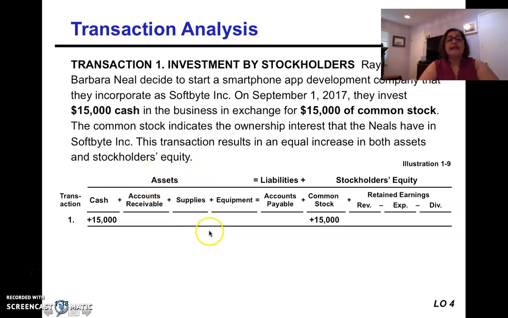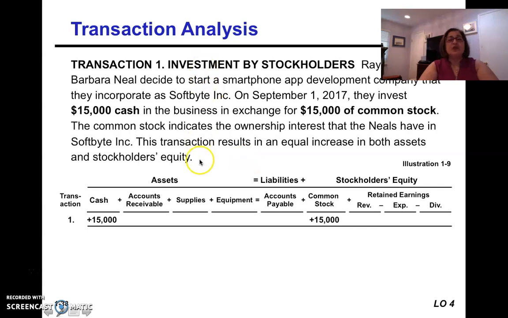And those items do not have to be on both sides. It could be on one side only, on the left side, which is assets, or the right side, which is liabilities and stockholders' equity. So not everything has to be affected, only two items. And the reason is that this equation has to always stay in balance after each transaction.